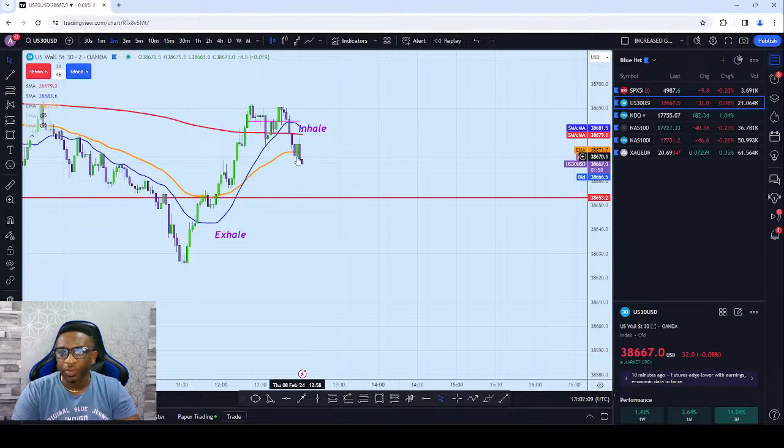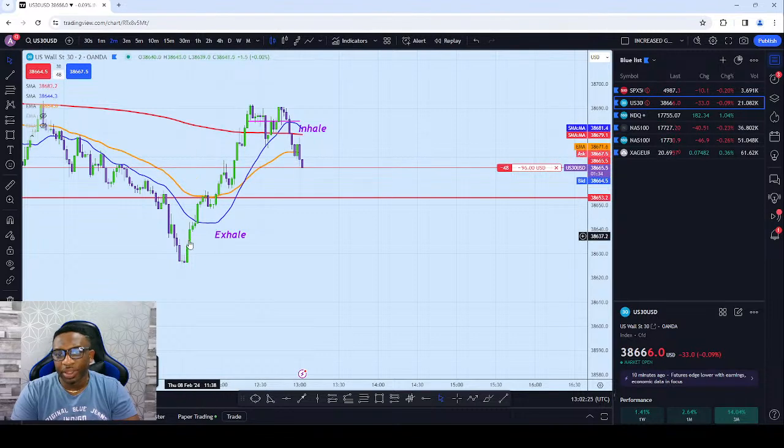Okay, so this has closed below the last green candle, so I'll just go ahead and put in a sell to see what happens on this trade, because it came from a wide state to narrow.